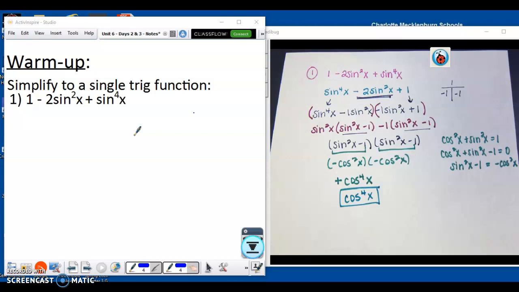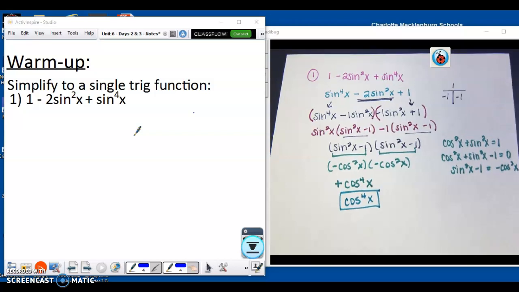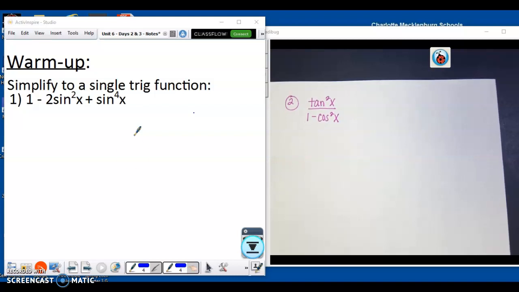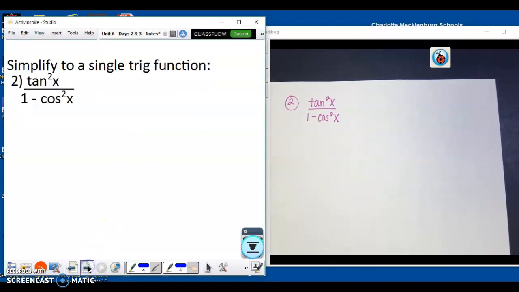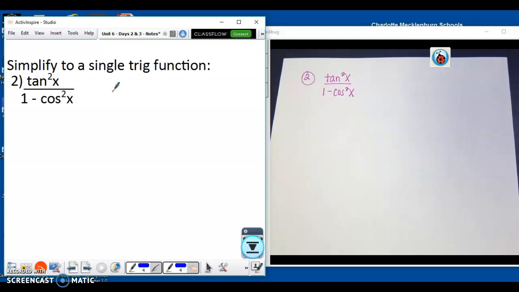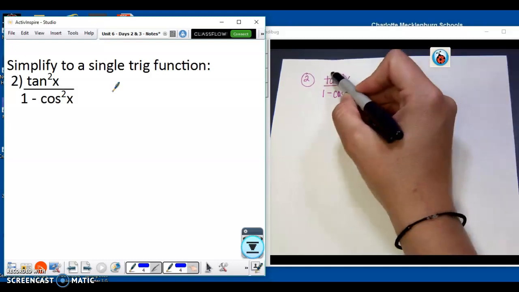Alright, then if we take a look at number 2, they're asking you to simplify again to a single trig function. When we finish, we should only have one trig function, but it can be to a power. First, remember, you want everything in terms of sine and cosine. A lot of times, if you have a tangent, you're going to change it.